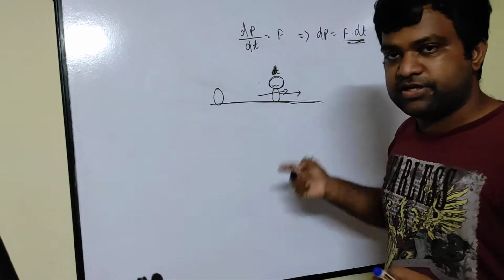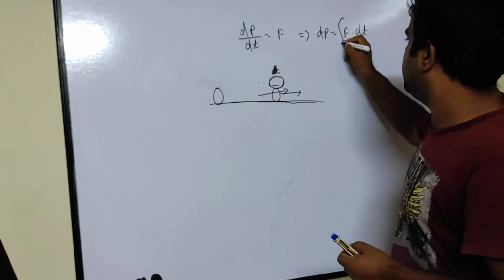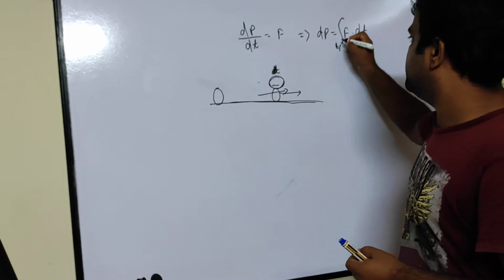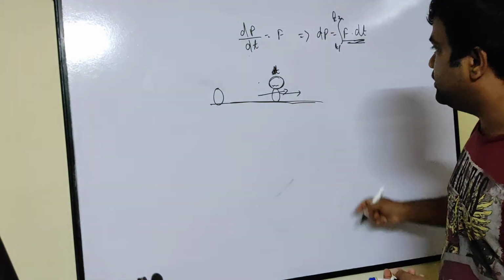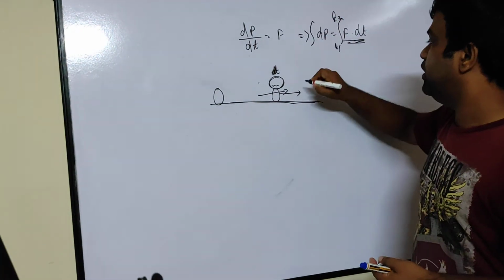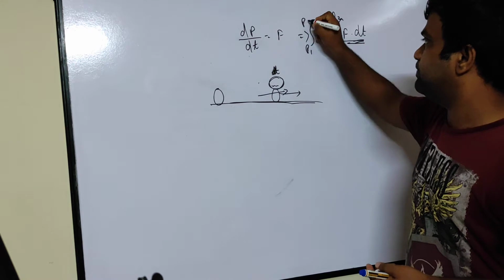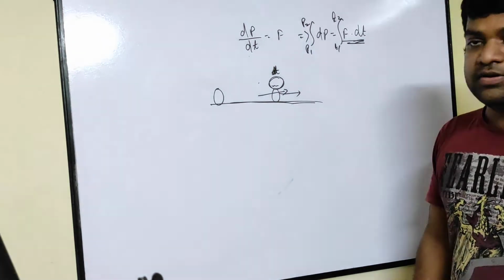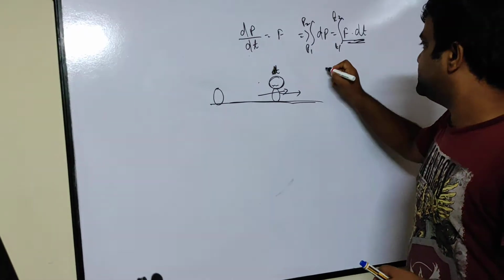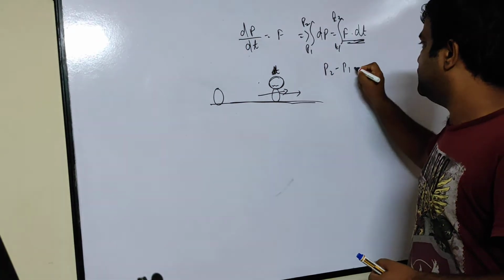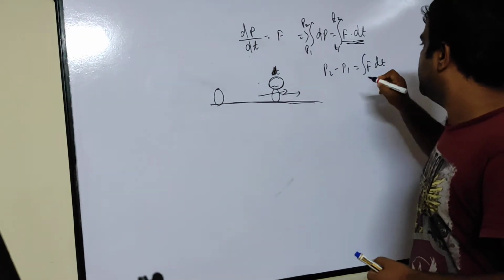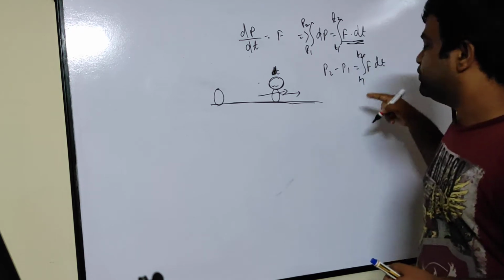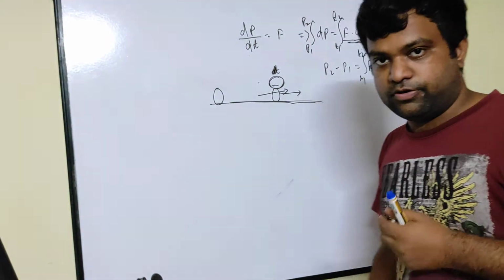And you can also integrate it, like you can integrate F dt from t1 to t2, and this will be the initial p to the final p. So p2 minus p1 is the integral of F dt from t1 to t2.